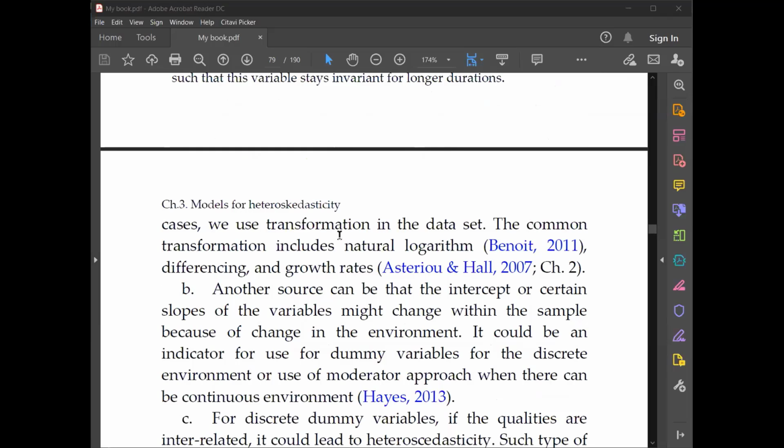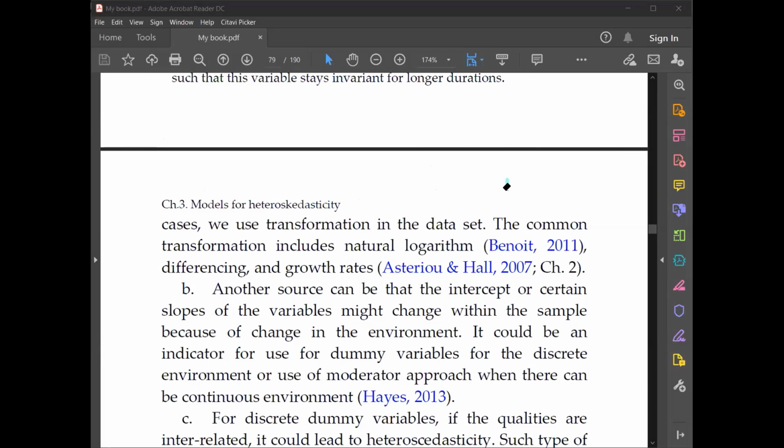So it converts the data into percentages, which is a relative form. From that we can solve the problem. So this is the first of the problems that might lead to heteroskedasticity.